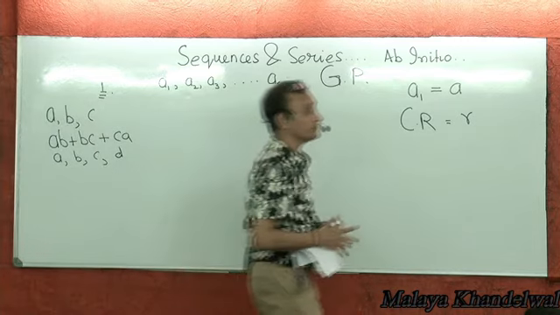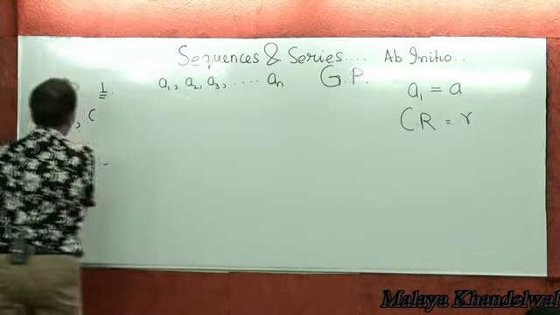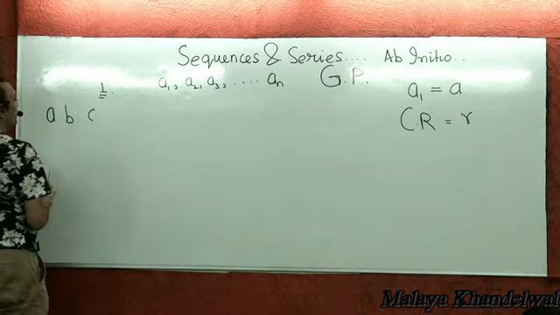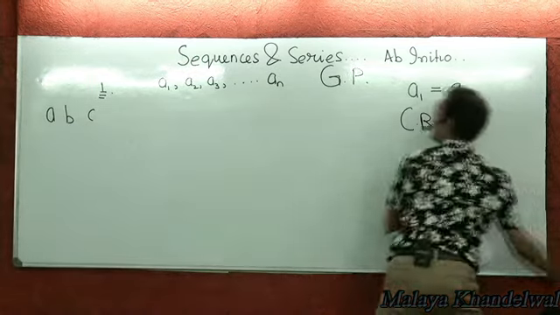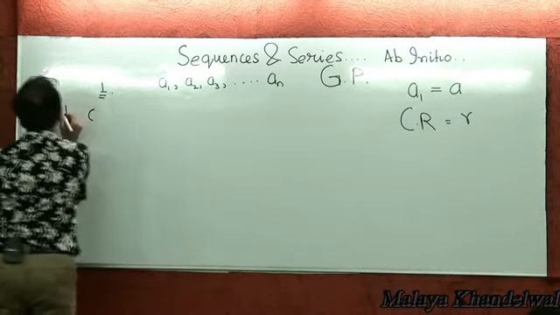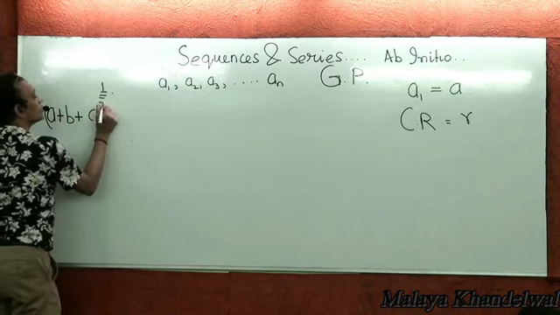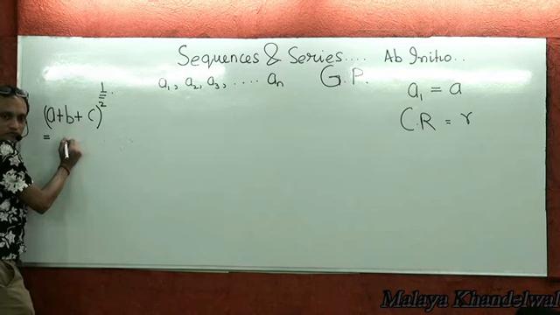Now where does it appear? That's the question. Where does the sum of the product taken two at a time appear? For example, if I have A plus B plus C whole squared, then this is going to give me two kinds of terms.